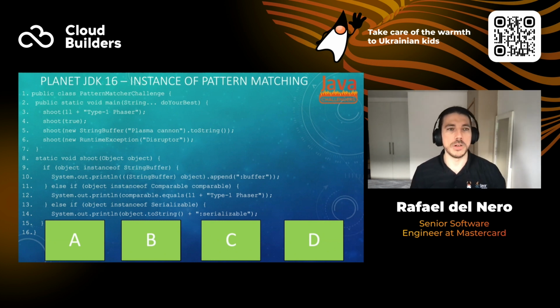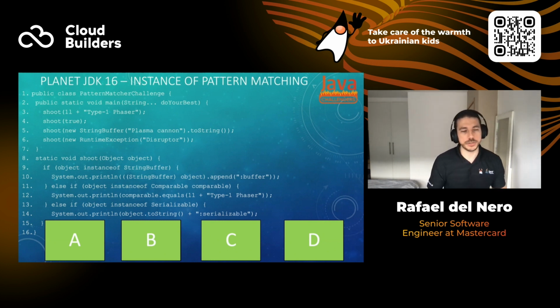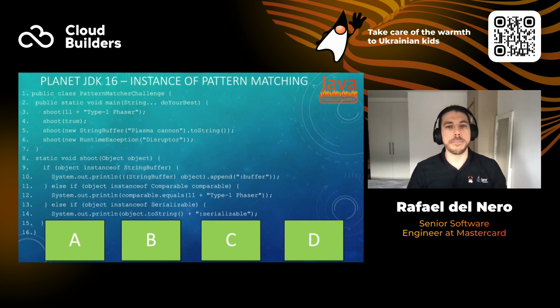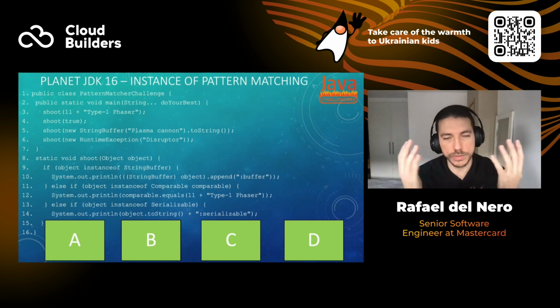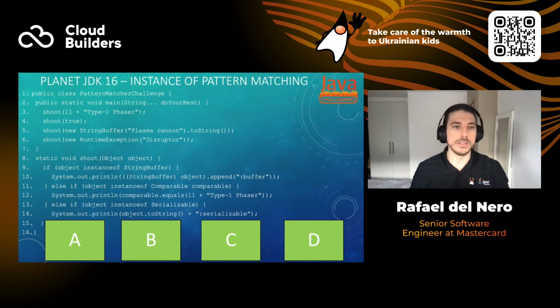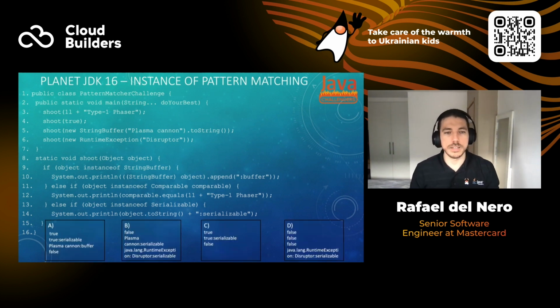So notice here that we are overloading the shoot method. So we are passing many different types to the shoot method. And okay, so let's see the alternatives. So you can start guessing what is the correct answer.